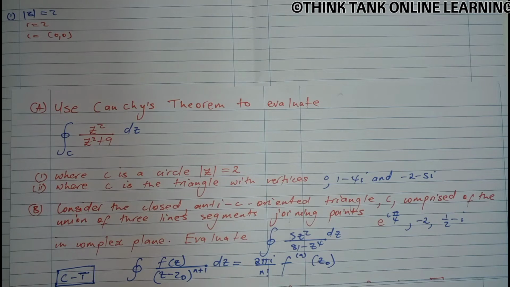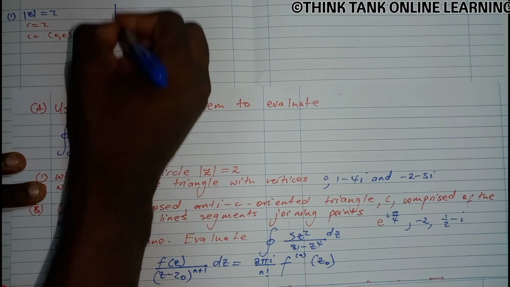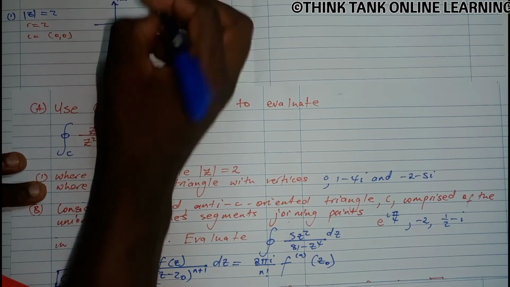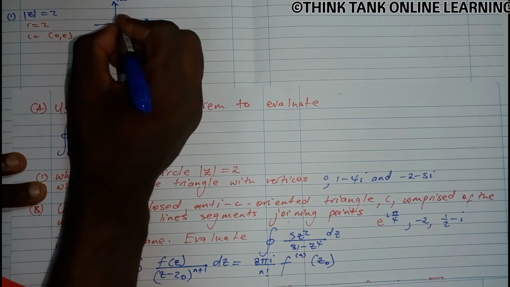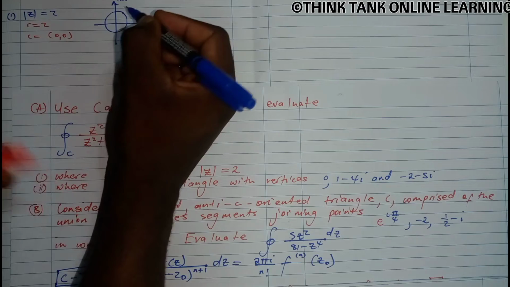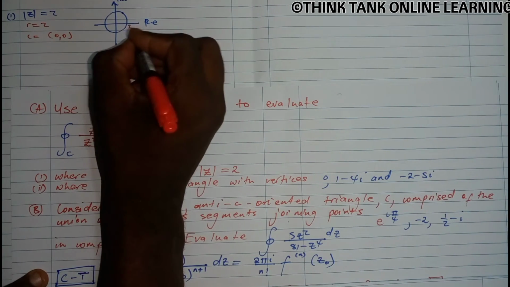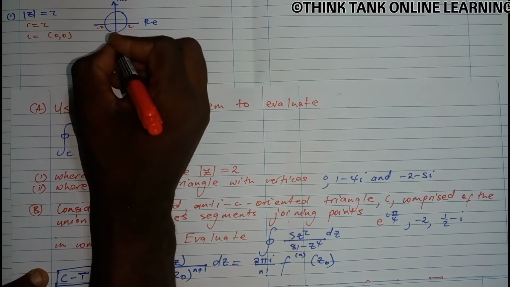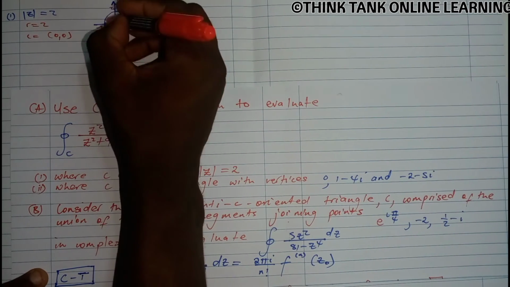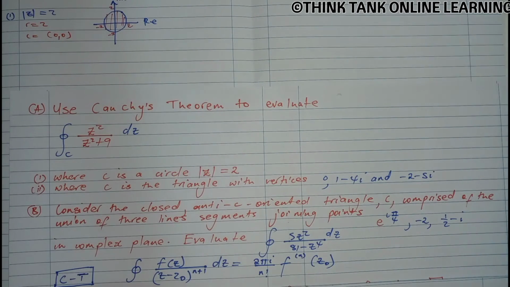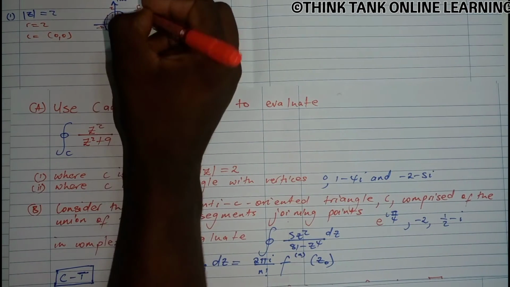This is my imaginary axis and this is my real axis, and I'm going to draw a circle. The radius of our circle is 2, so the distance from the center to the edge is 2, and we have negative 2 and 2 on the axes. I'm going to shade the region. Now I know the region I'm concerned about. This is the region C.